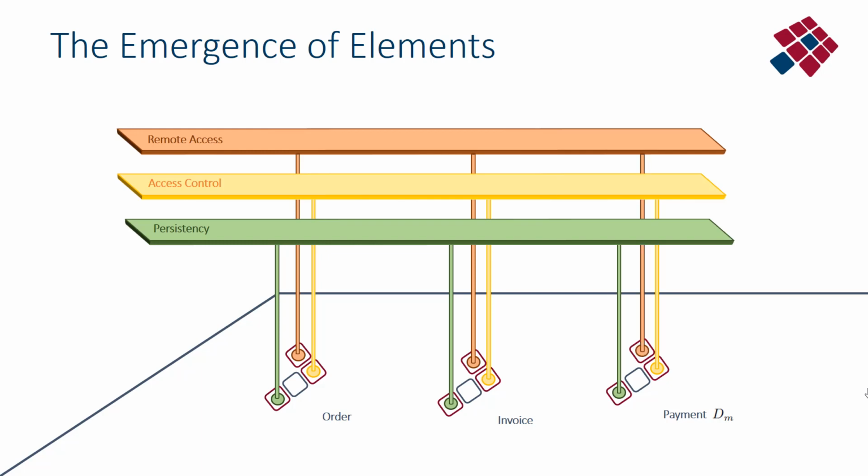And so what you get is a whole set of functional entities in your system, and for every one of these functional entities, a set of cross-cutting concerns to which you have to connect.